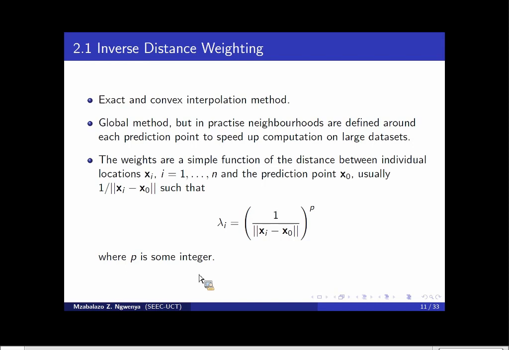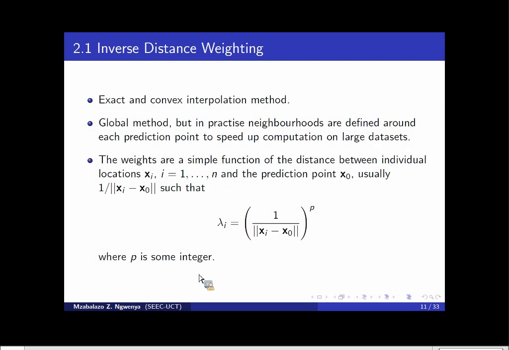Then we said, remember that our predictions are a weighted average of your observed values. And we said those weights, we want them such that points close to your location are given more weight, and points further away from your location are given less weight. In IDW, the weights are simply inverse functions of the distance between your samples and the unknown location.